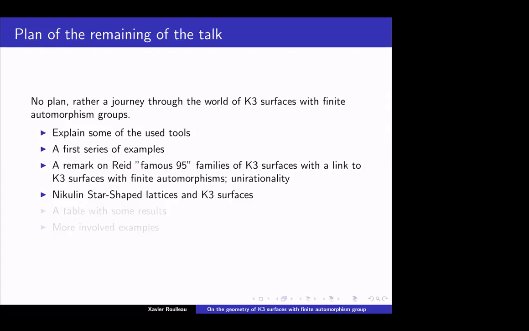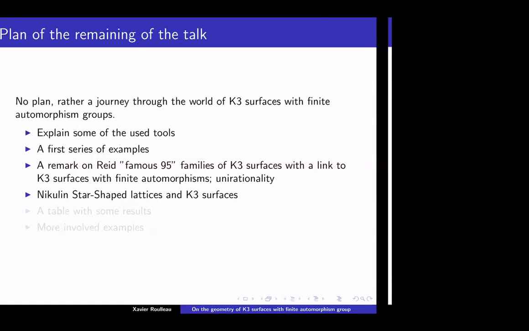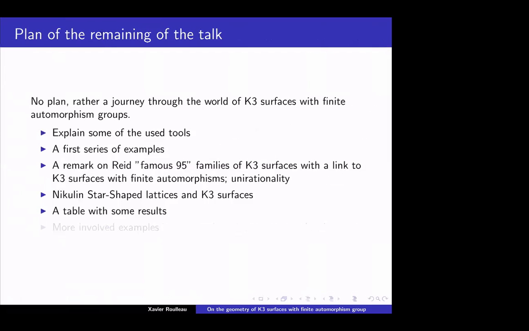So Nikulin was able to characterize some kind of K3 surfaces with finite automorphism group and the configuration of their -2 curves. I will give you a table with the results, and if I have time, I will speak about more involved examples.